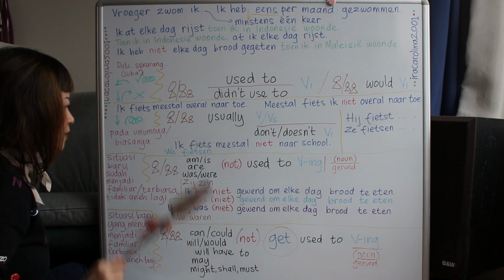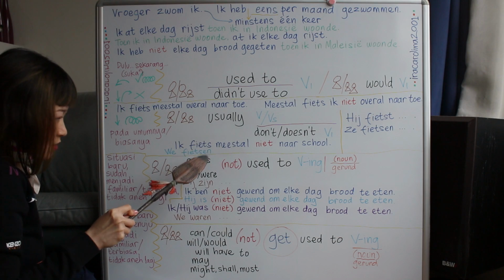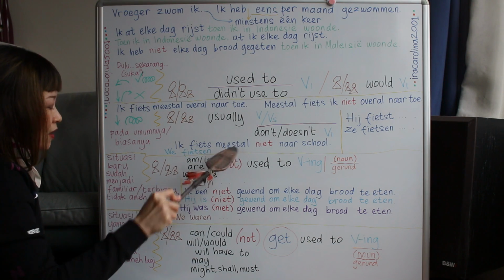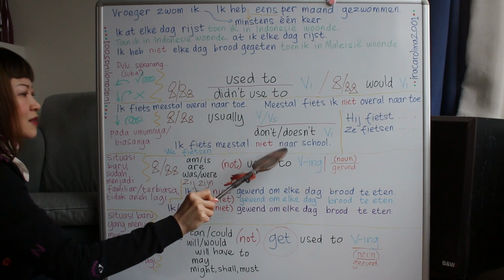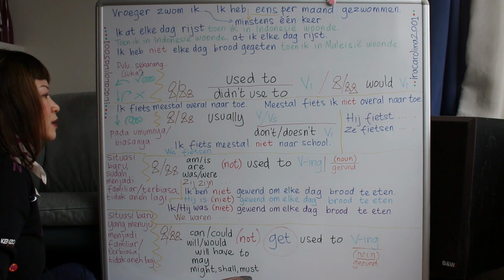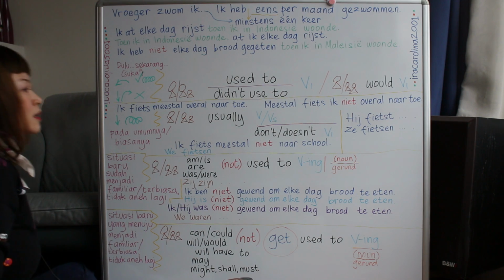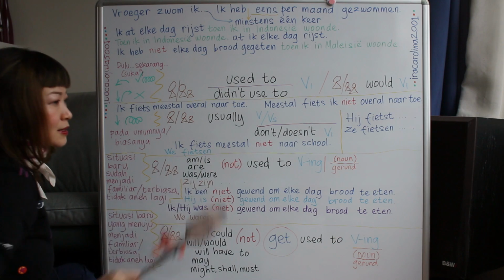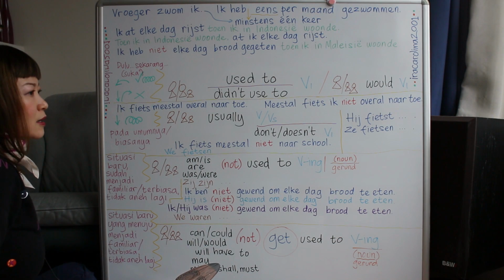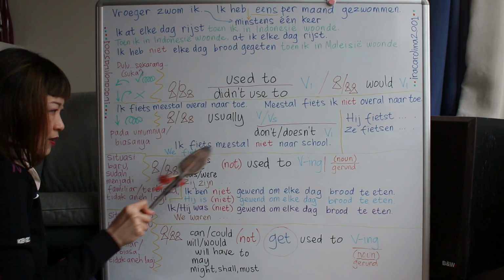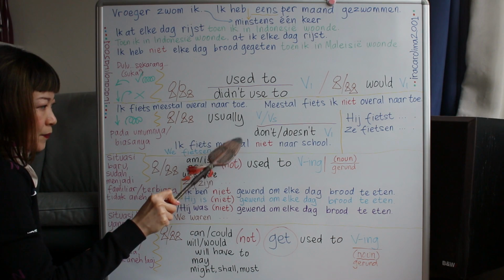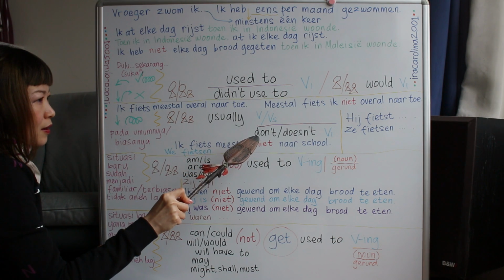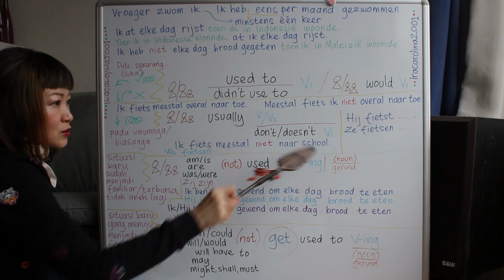We will read it. Ik fiets meestal niet naar school. This sentence says I bike most of the time, but not to school.